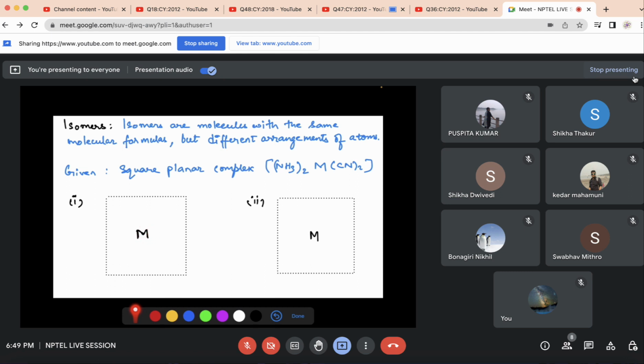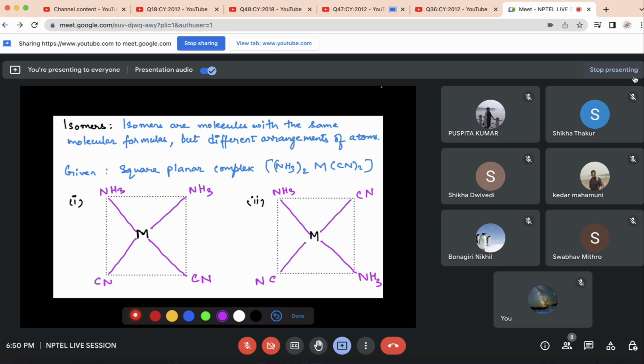So this metal M is at the center, and since it's square planar, I have drawn a square around it, and hence you can see that we have, for example, ammonia and CN, or I can have ammonia and CN in another arrangement.